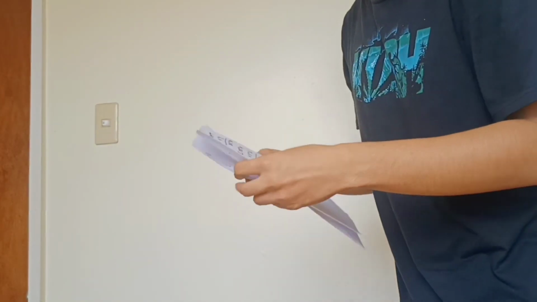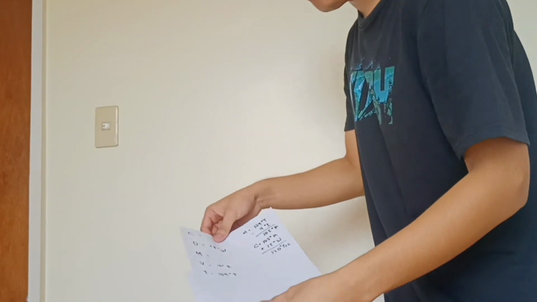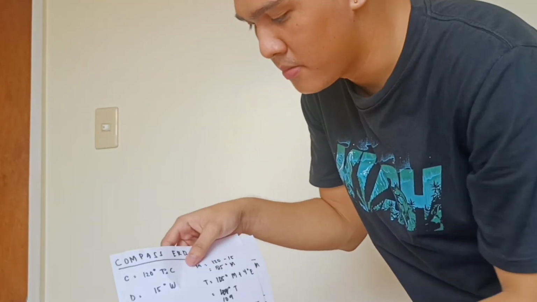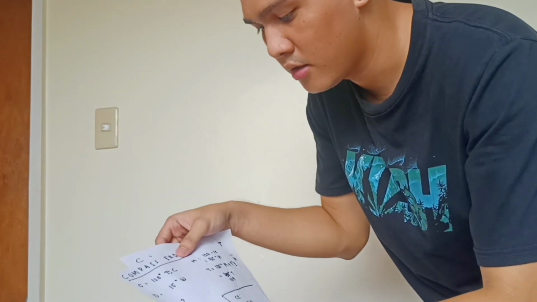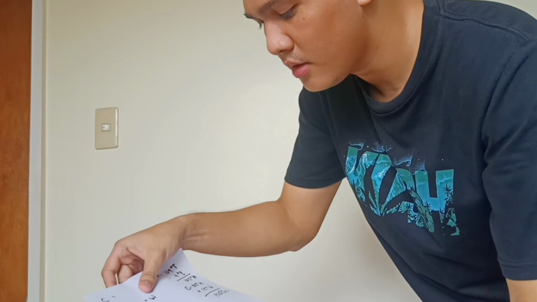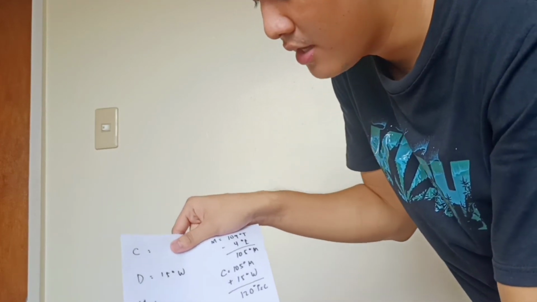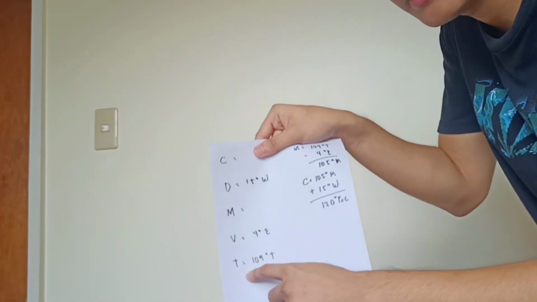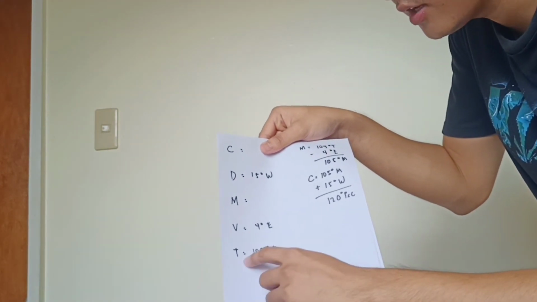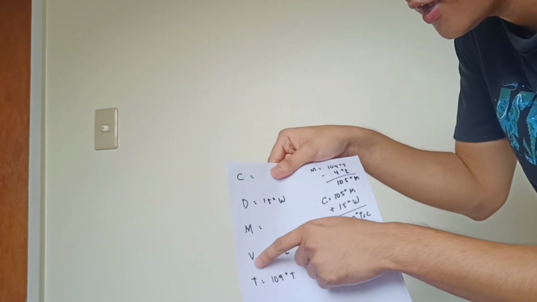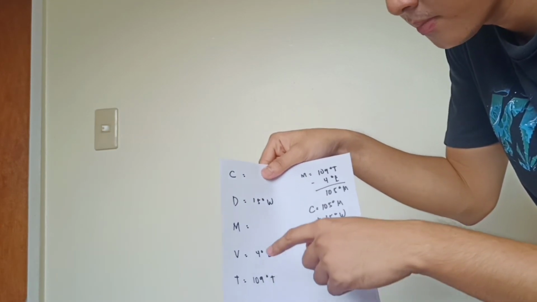So for now, let's solve this problem in the opposite direction. The T is now the given, and we are given the same deviation and variation.